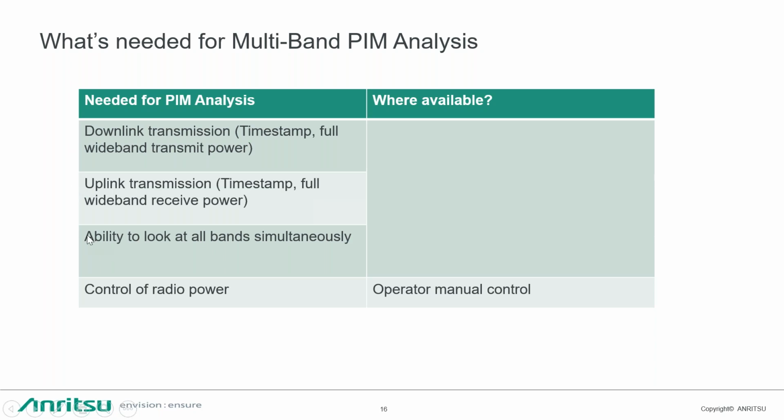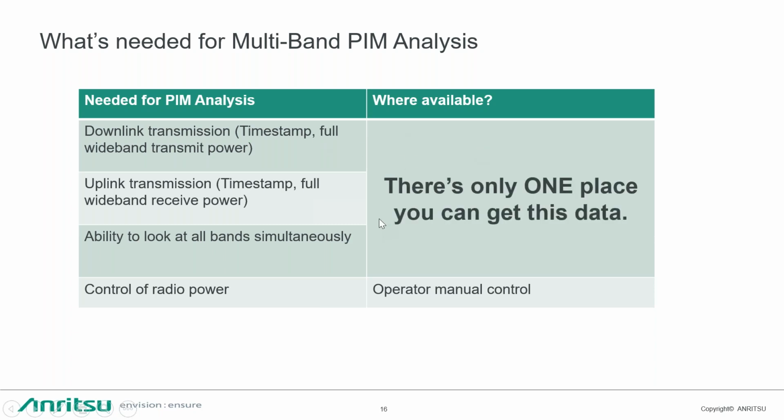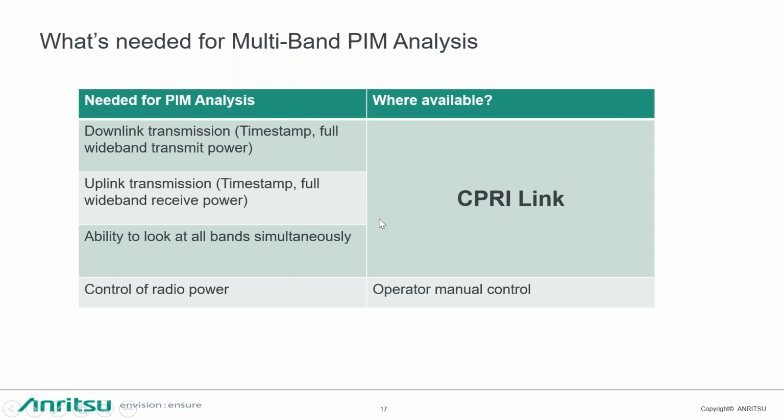We need the ability to look at all of the bands simultaneously, and we need to be able to control the radio power, which is going to give us those IM products very clearly. There's only one place that all of this is available, and that place is the CPRI link.